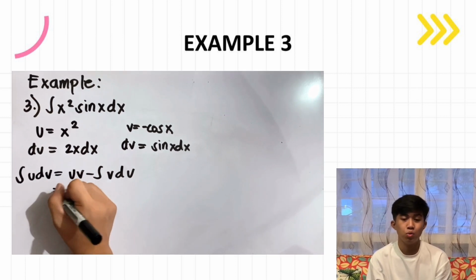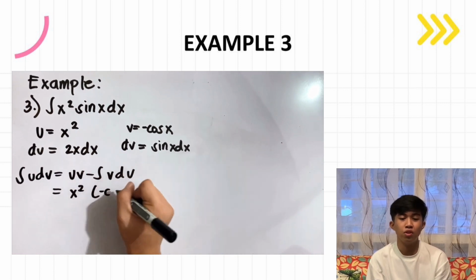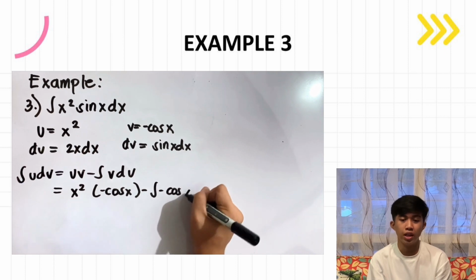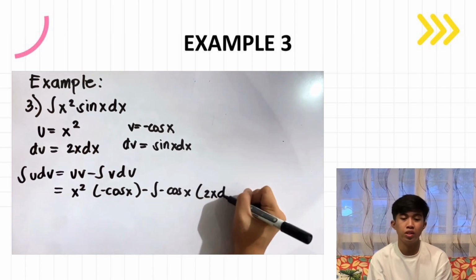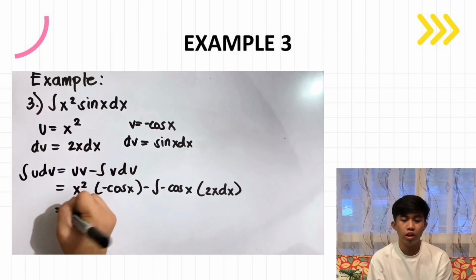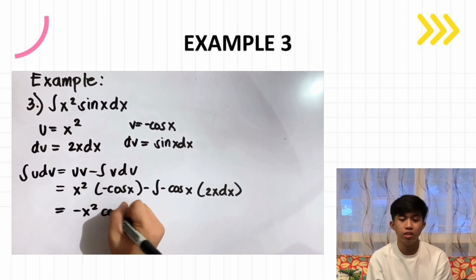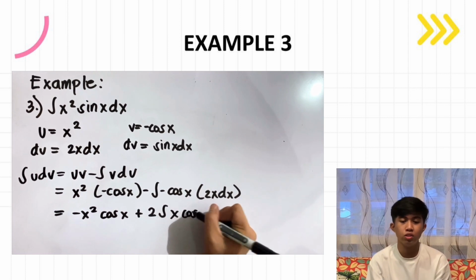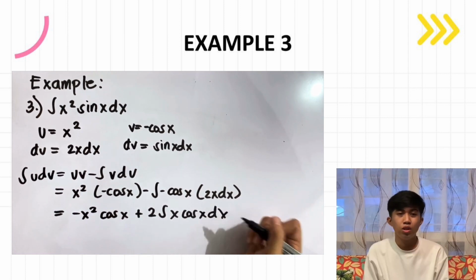So x squared, parenthesis, negative cosine x, minus the integral of negative cosine x, parenthesis, 2x dx. So negative x squared cosine x plus 2 integral of x cosine x dx.